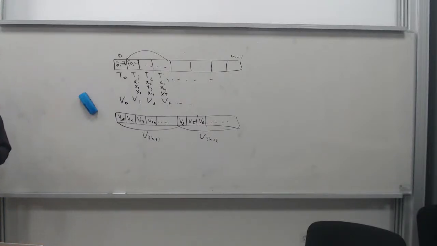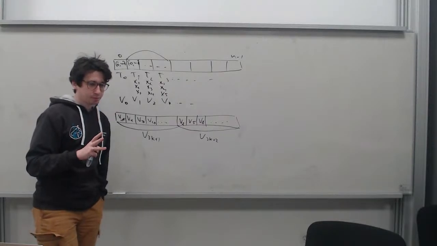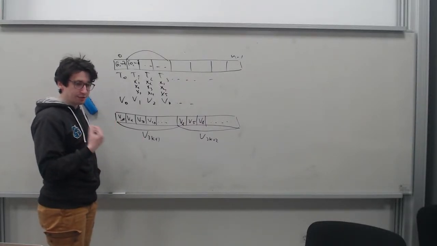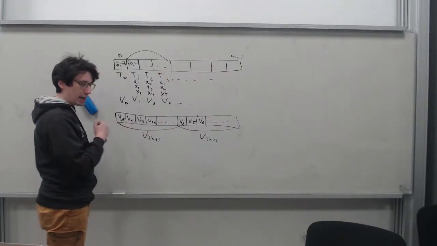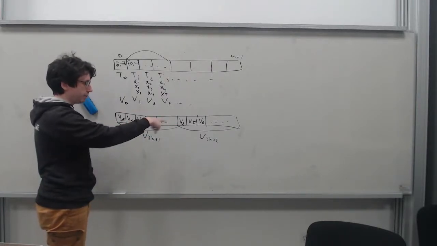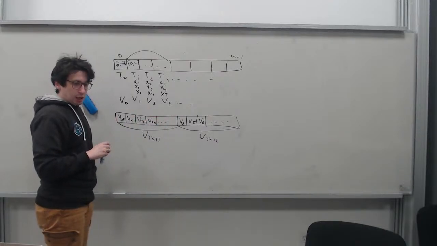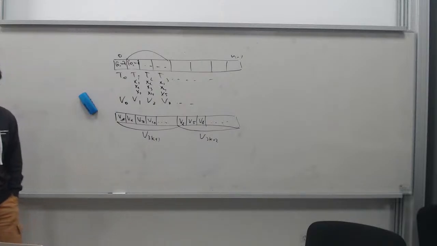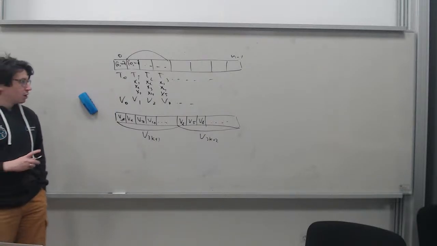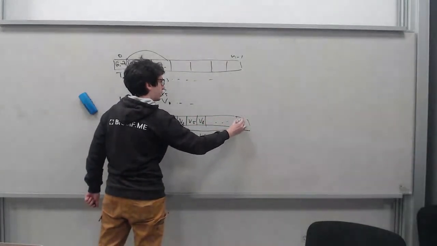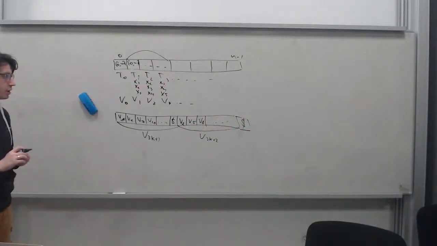So we will split triples into 3 parts: the triples that start at positions divisible by 3, the triples that are 1 modulo 3, and the triples that start at positions that are 2 modulo 3. Of course we will add some special symbols here, because otherwise I'm not sure that this will work.